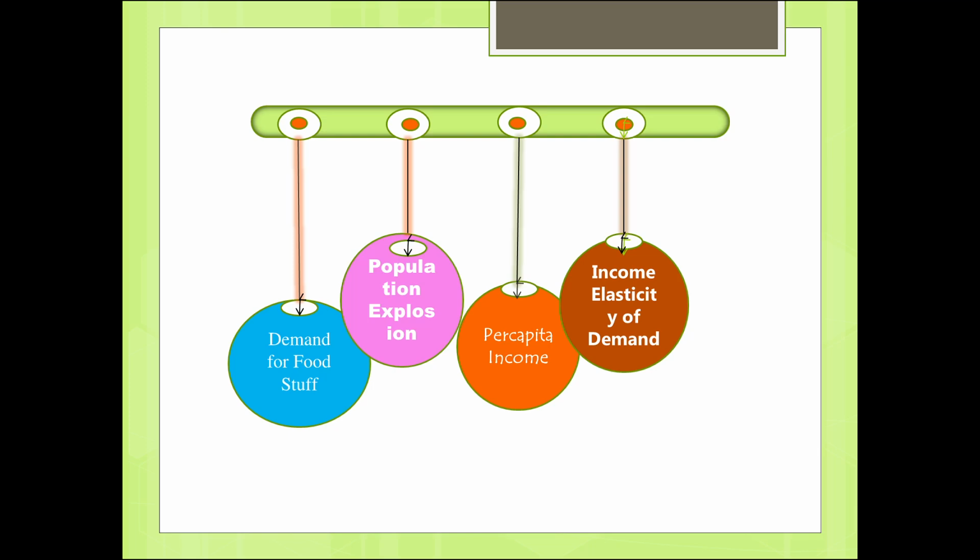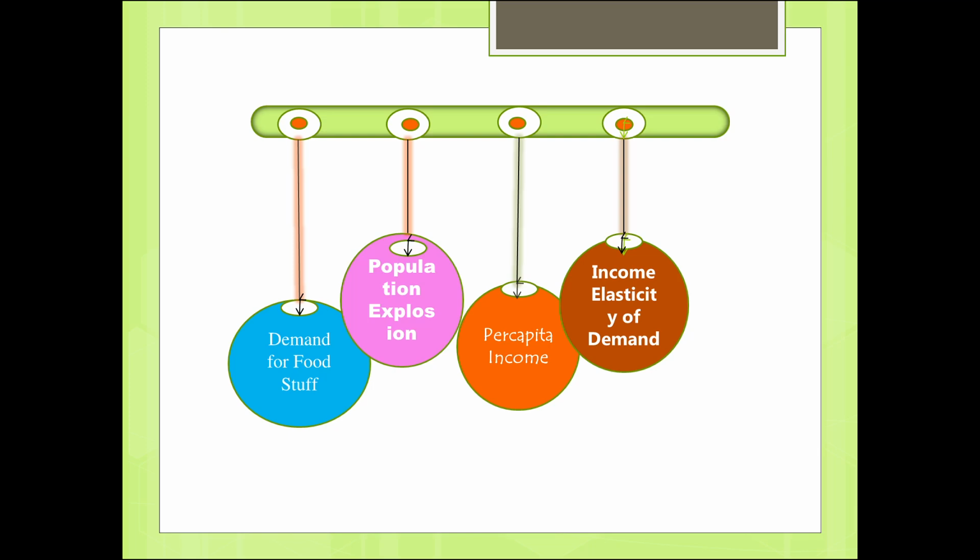We invest more in various sectors for development, so obviously there will be more demand for workforce or employees in general. It leads to more income generation, and because of more income generation, people will demand more. That is also called income elasticity of demand.